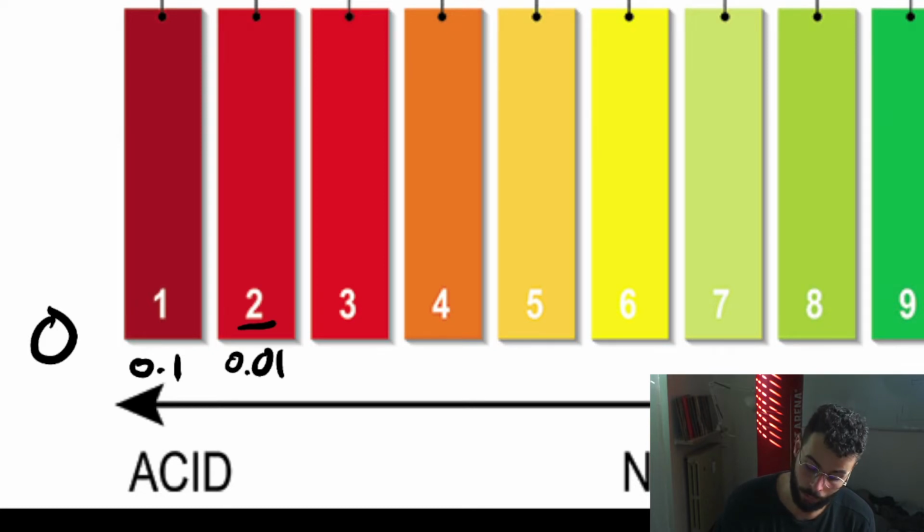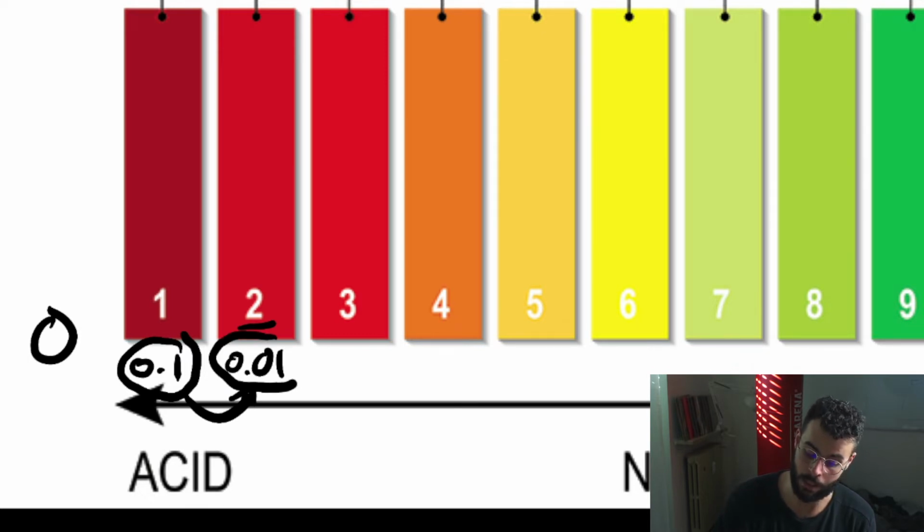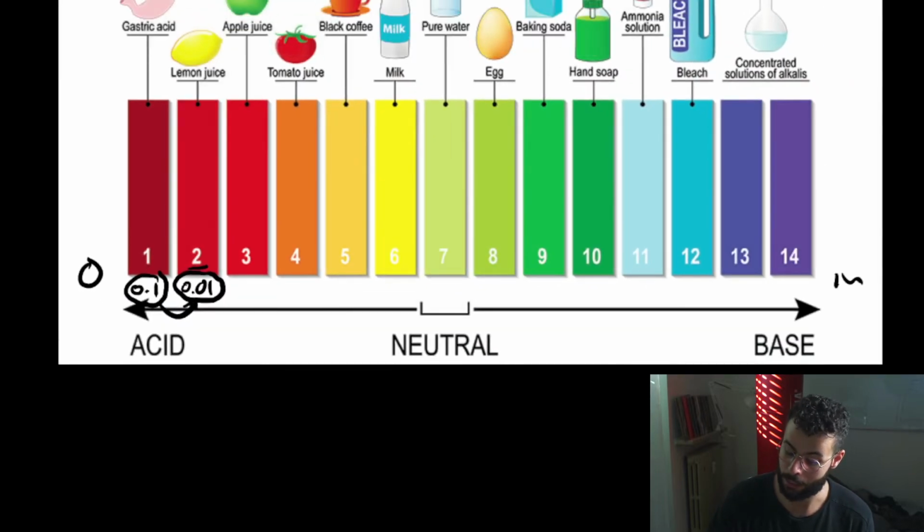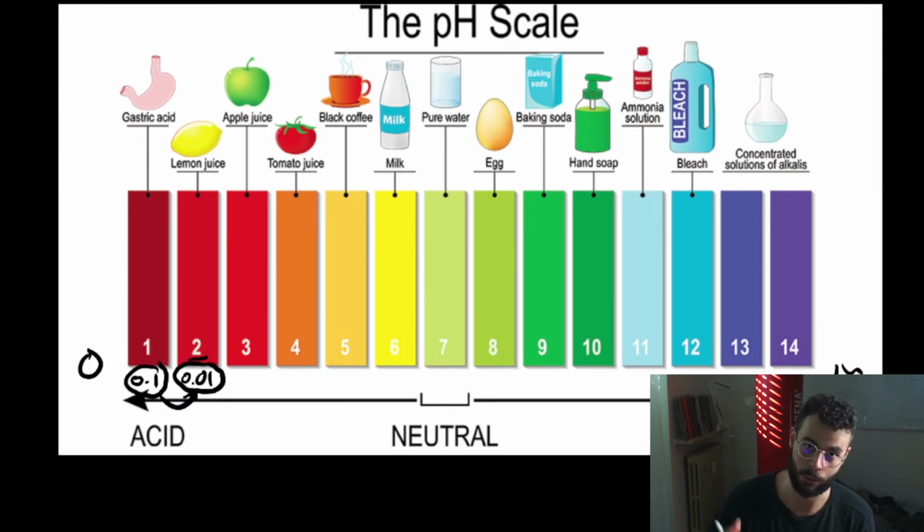And you divide this number by 10 in order to get to the next number in the pH scale. And there is a nice trick I would like to show you in the next few minutes that you can use in order to easily calculate the pH when they give you the concentration.